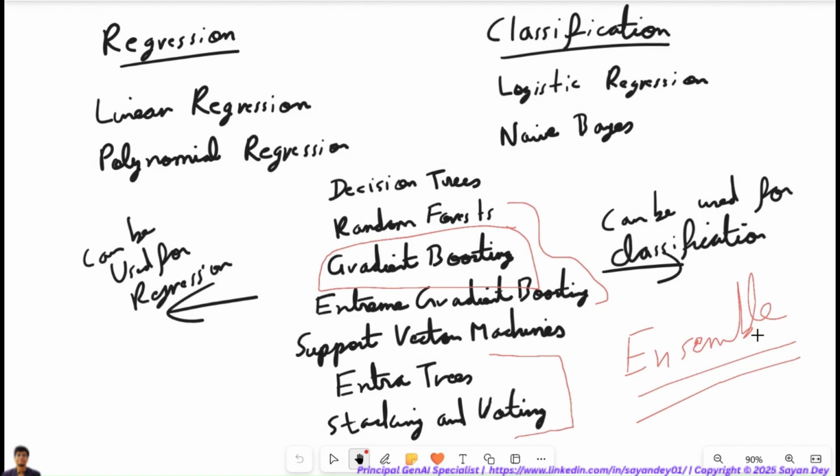Because if you ask one single person to take a call, that decision might be highly biased. That person might decide based on their own interest. Similarly, if you have some data and you use a single model or a single algorithm to do a prediction, that prediction can be highly biased.